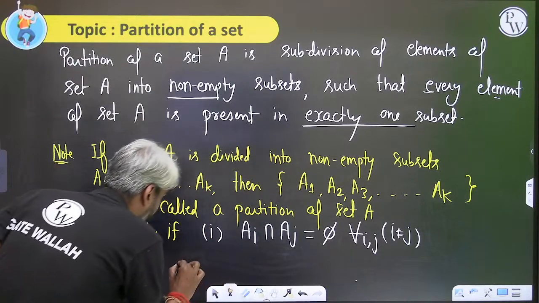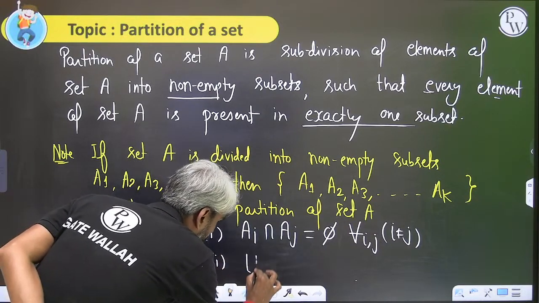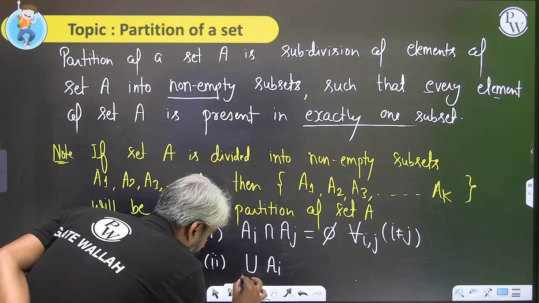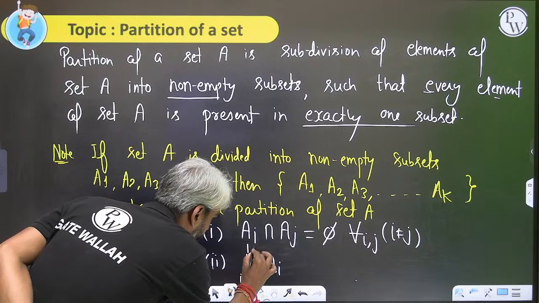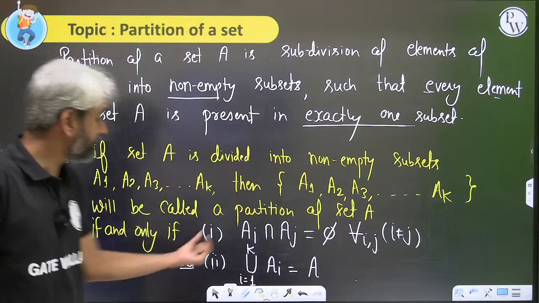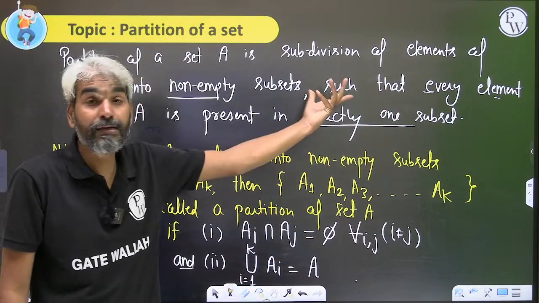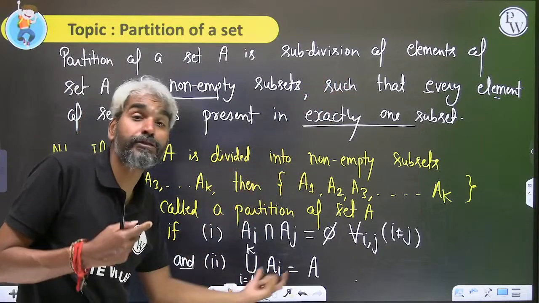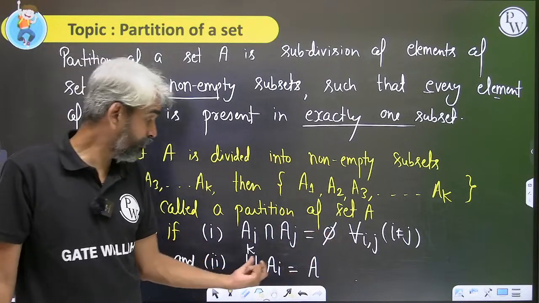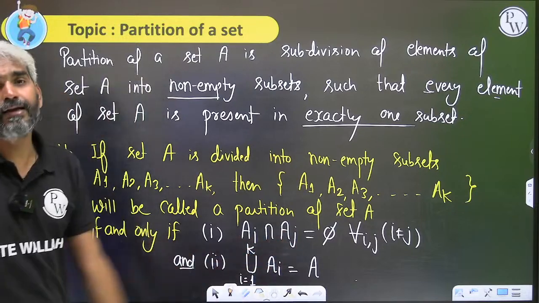So the second condition is, if you take the union of all these subsets AI, where I varies from 1 to K, then the union of all these subsets should be equal to A. That means these subsets should cover all the elements of set A. Then only the union will be exactly equal to A, because if any element is missing, then the union will not be equal to A. If the union is equal to A, then we have covered all the elements of set A, and no element is present in more than one set.